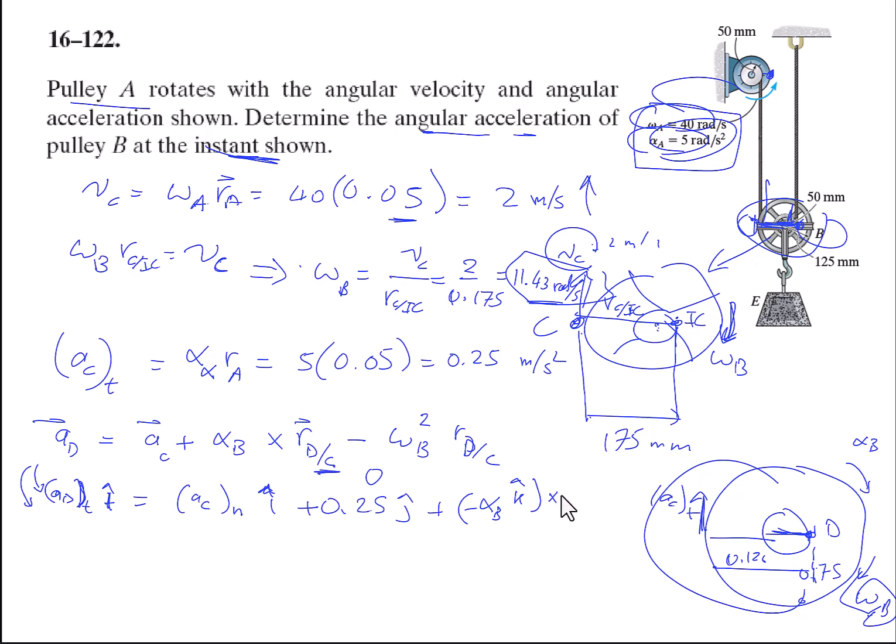R, which we just calculated, is 0.175 I, minus lastly this guy, so 11.43 squared times 0.175 I. So we can add them, but let's write the normal ones, then do them all at once.